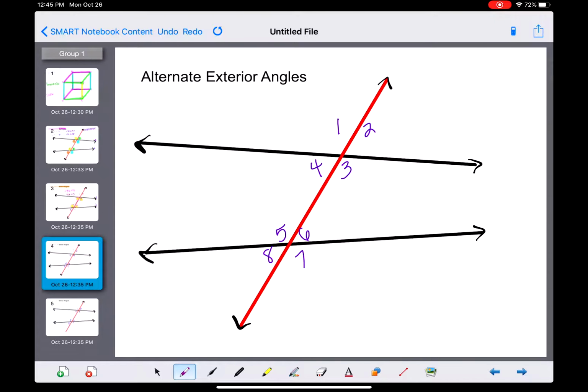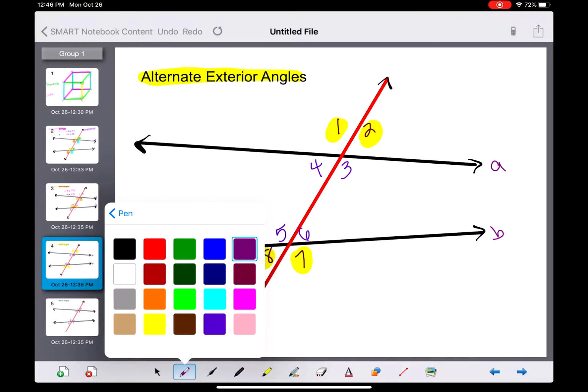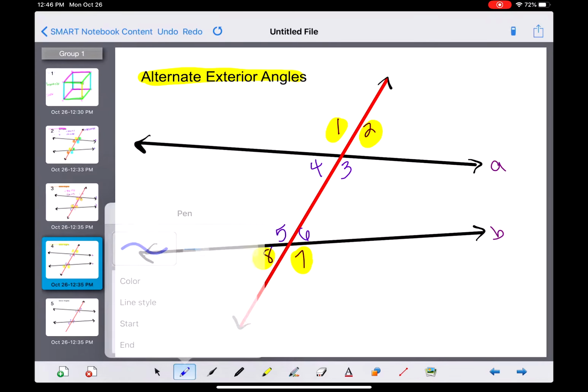Alternate exterior angles are somewhat similar, except now we're looking at the exterior angles for line A and B. So our exterior angles are 1, 2, 7, and 8. And to alternate means the same thing as our interior angles. We want our angles to be on opposite lines and on opposite sides of the transversal.